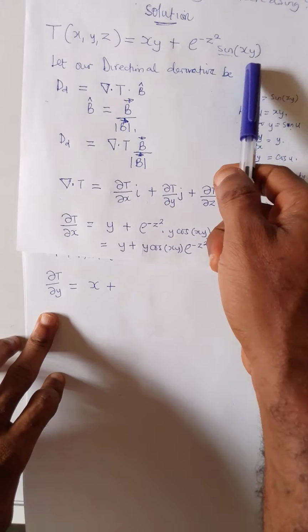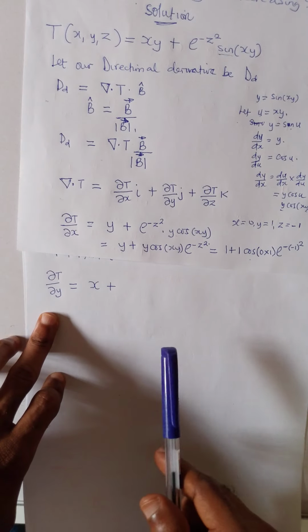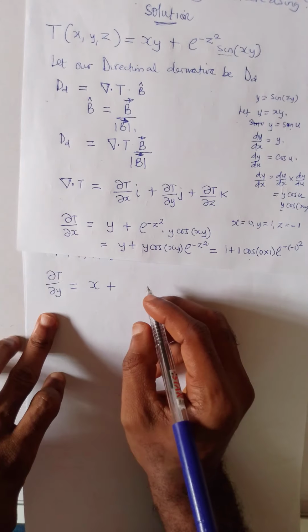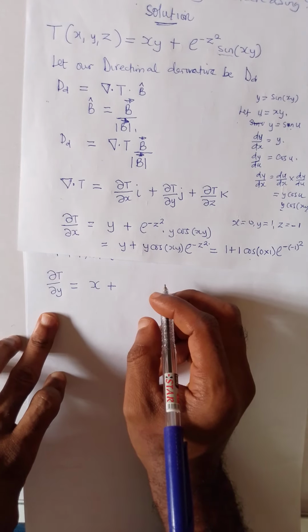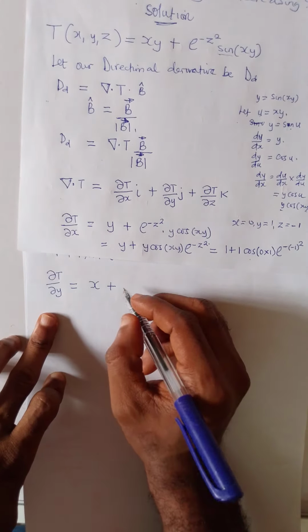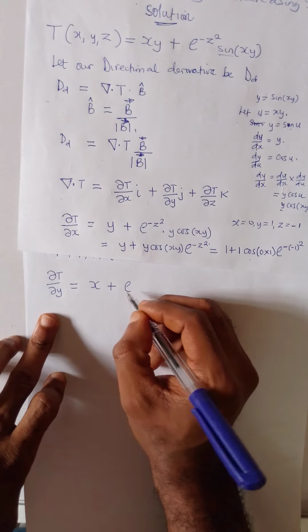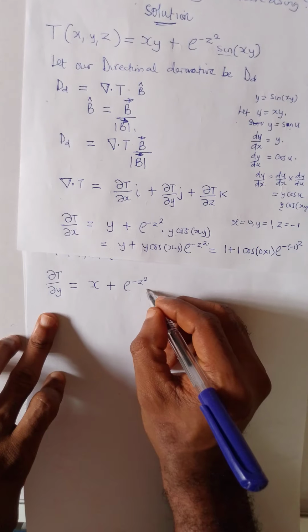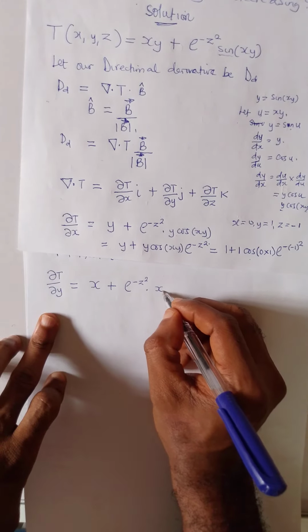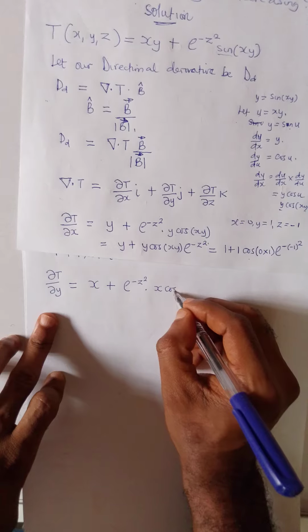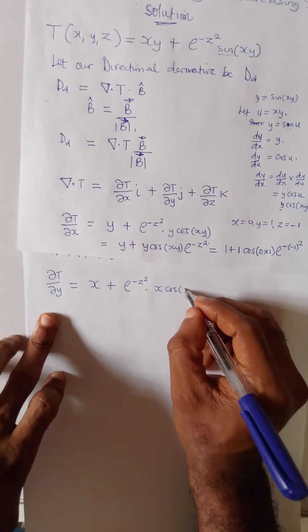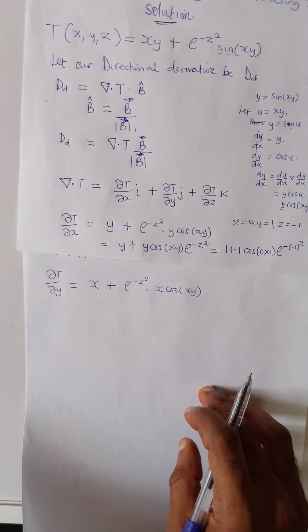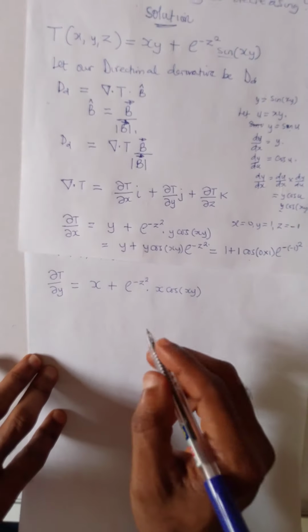So when we now differentiate this with respect to y using this same method, we are going to have exponent minus z squared dot x cos xy. That's what we are going to have when we differentiate it with respect to y.